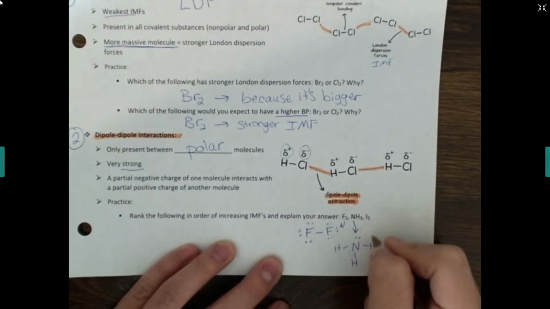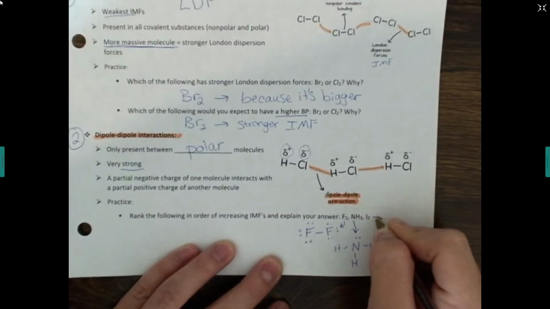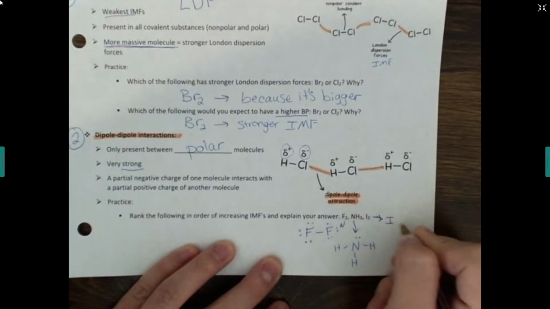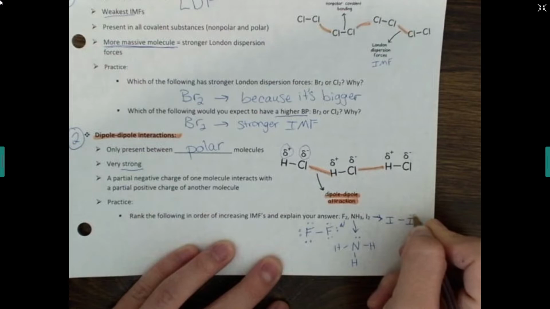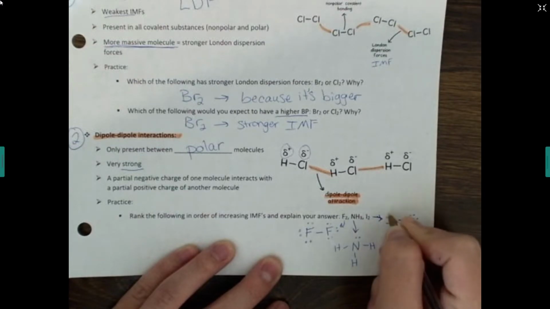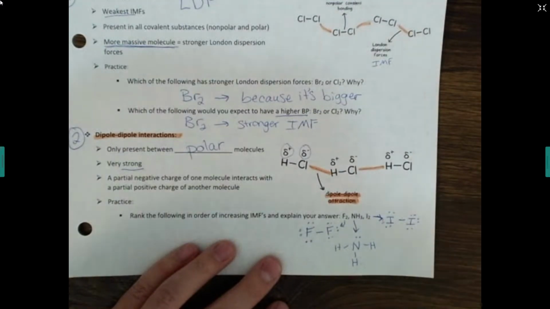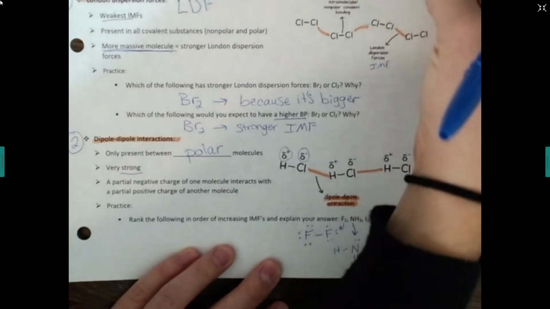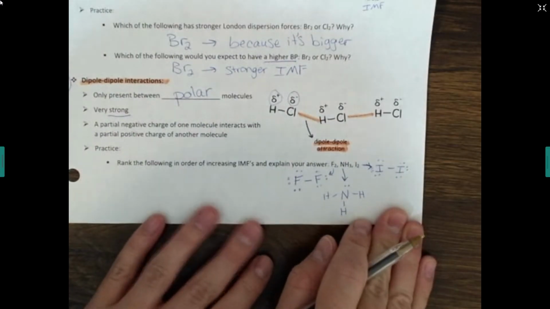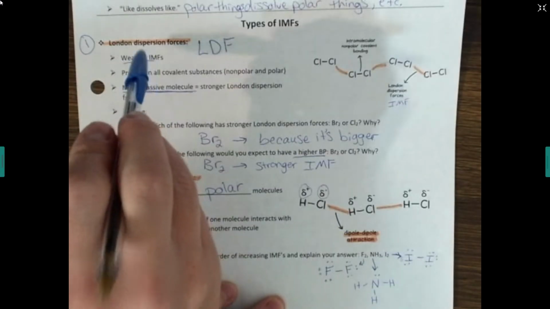And I2, we have an iodine and another iodine. So if you want to figure out if something's polar or not, you really need to draw out its Lewis dot structure so that you can figure out if it's polar or not, and then you can figure out if it's going to have dipole-dipole interactions or whether it's just going to have London dispersion forces.